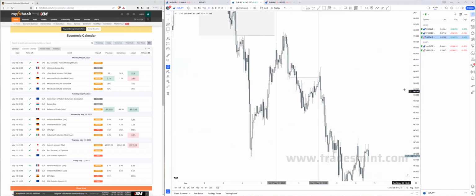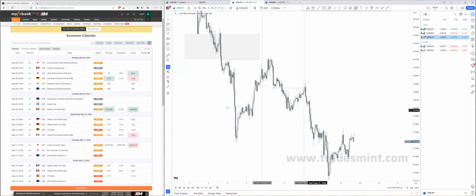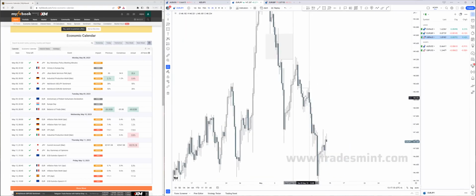All right. And if we take a look at the second one right here, we had a little bit of balance of trade right here on Tuesday for France, but nothing really on the charts. All right, perfect. So we wait a day. Then here on Wednesday, ahead of London session, what do we have on Wednesday?